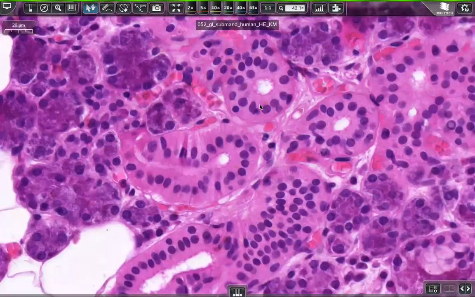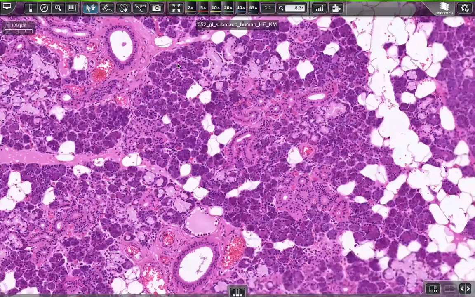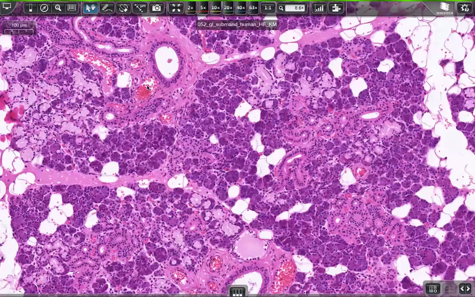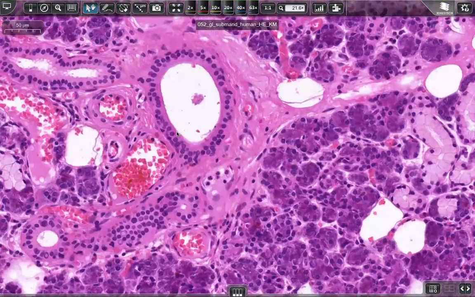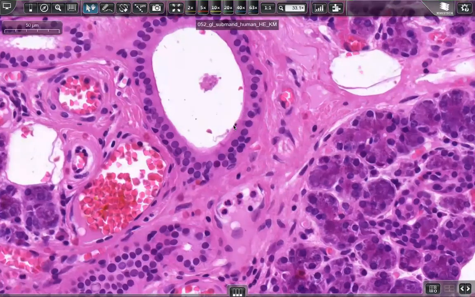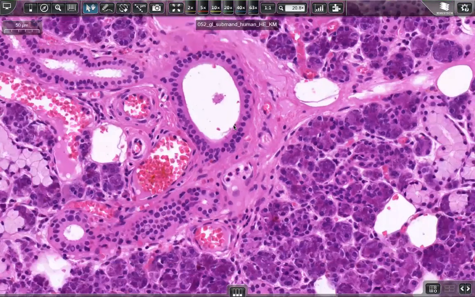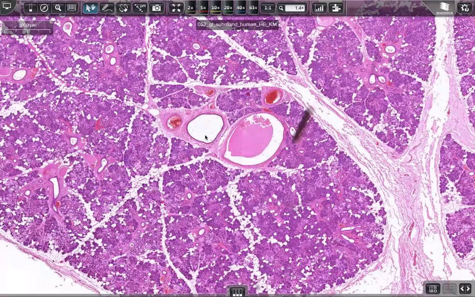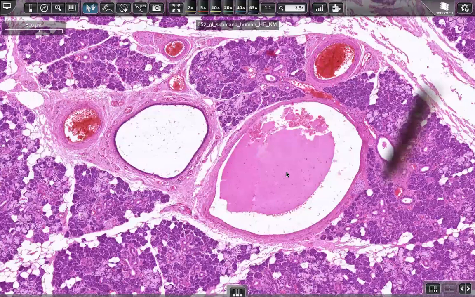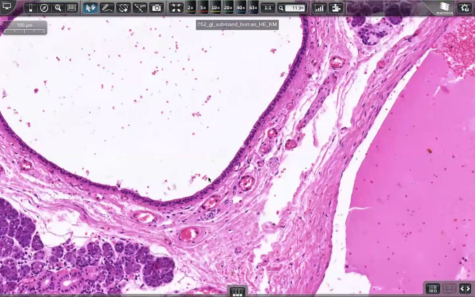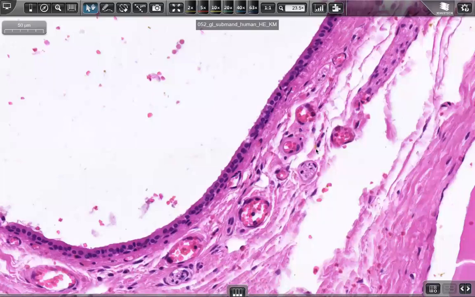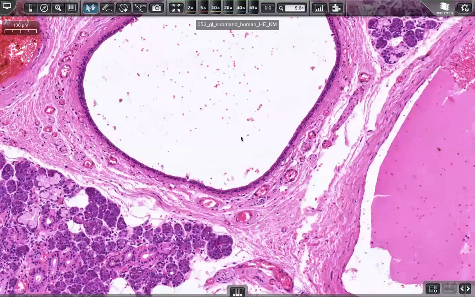And then when the lining epithelium becomes stratified, that is an interlobular duct, but we have much bigger interlobular ducts as well. So here, they are lined by stratified cuboidal, stratified columnar epithelium. Don't mix them up with the vessels.